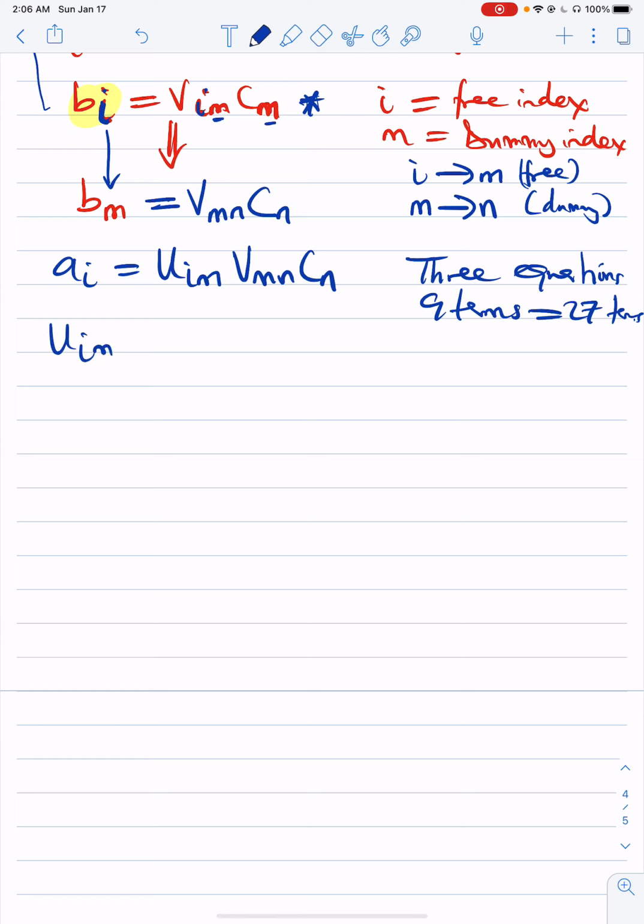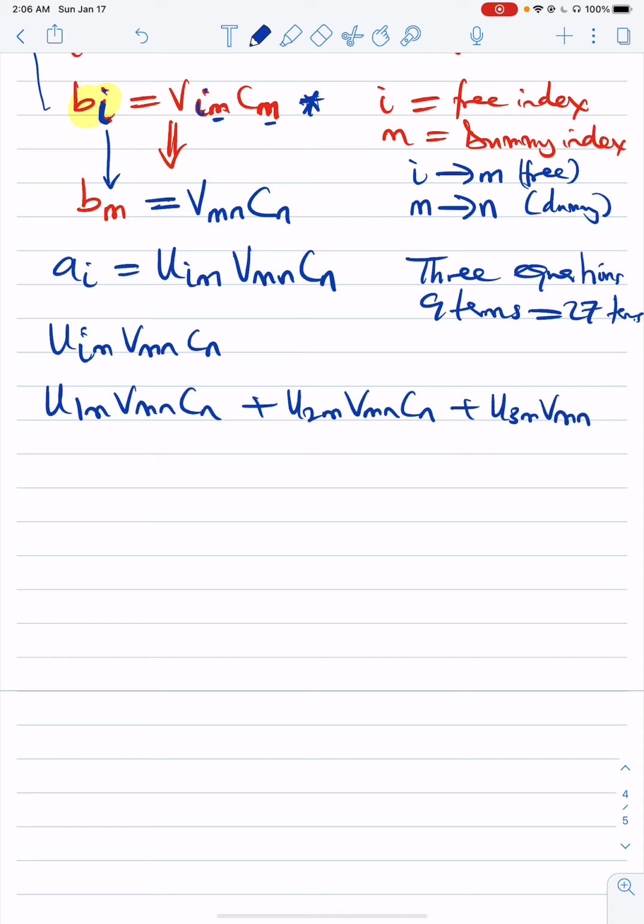So U_im V_mn C_n, right? This i, replace it with 1, 2, 3, so it's U_1m V_mn C_n plus U_2m V_mn C_n plus U_3m V_mn C_n.